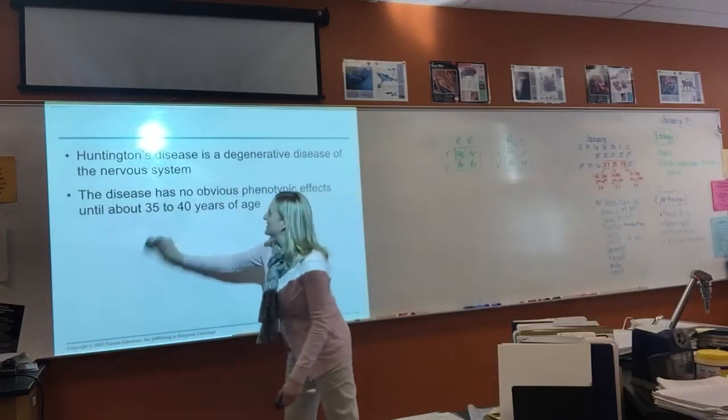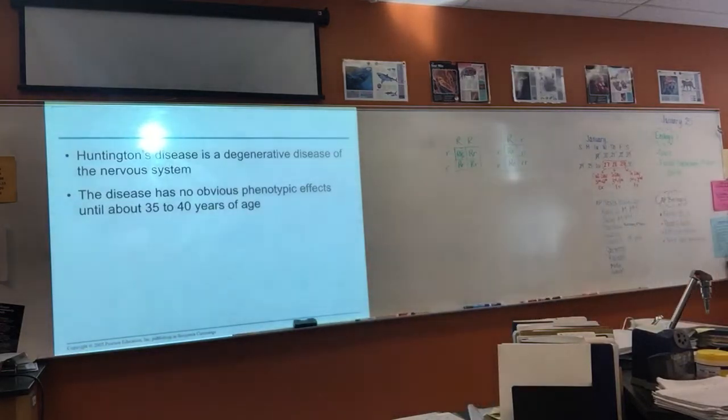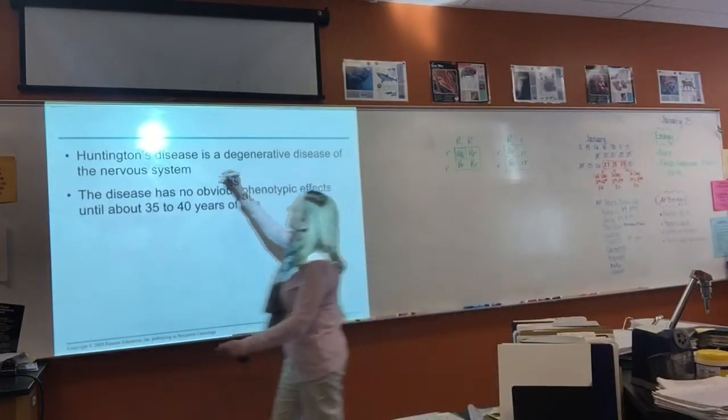Huntington's disease. Huntington's disease is another dominant disorder in humans that is a degenerative disease, which means the nervous system over time breaks down and gets worse and worse over time. And the thing is, to have Huntington's disease, you're big R, or big R, little r, right?